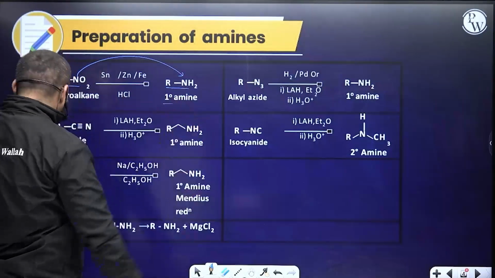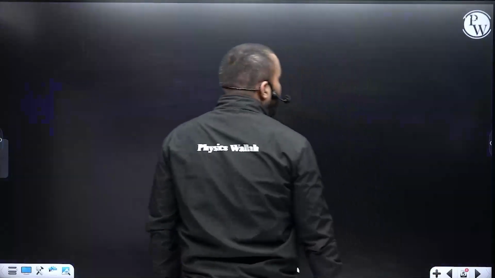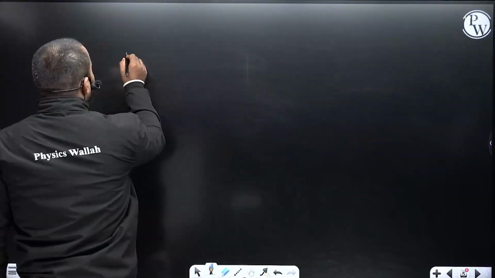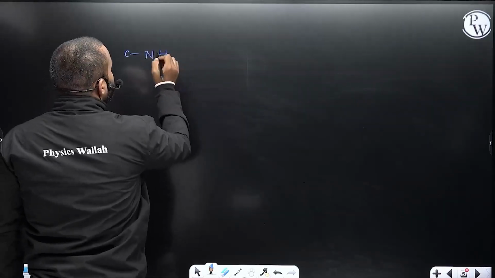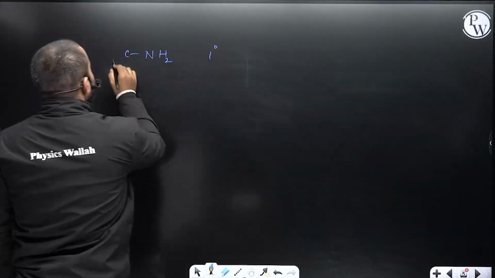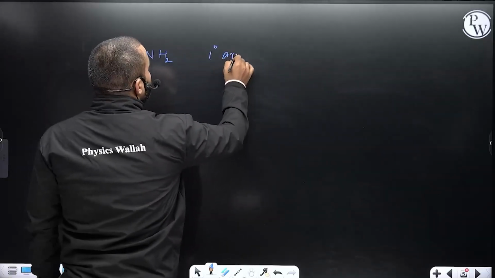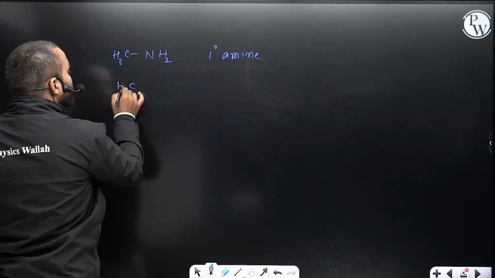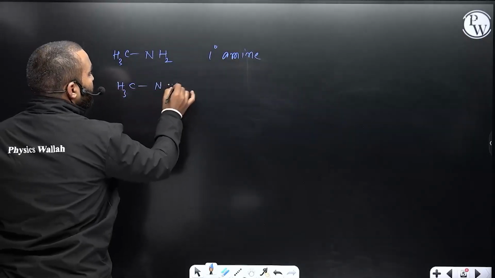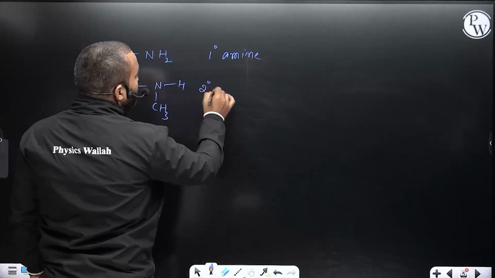What is this degree, guys? Let me explain to you the degree of amines first before we begin. If you have one carbon-containing group attached to NH2, this is primary. Suppose this is CH3. CH3NH2 is known as primary amine. If I now substitute the other valency of nitrogen also with CH3, this becomes my secondary amine.